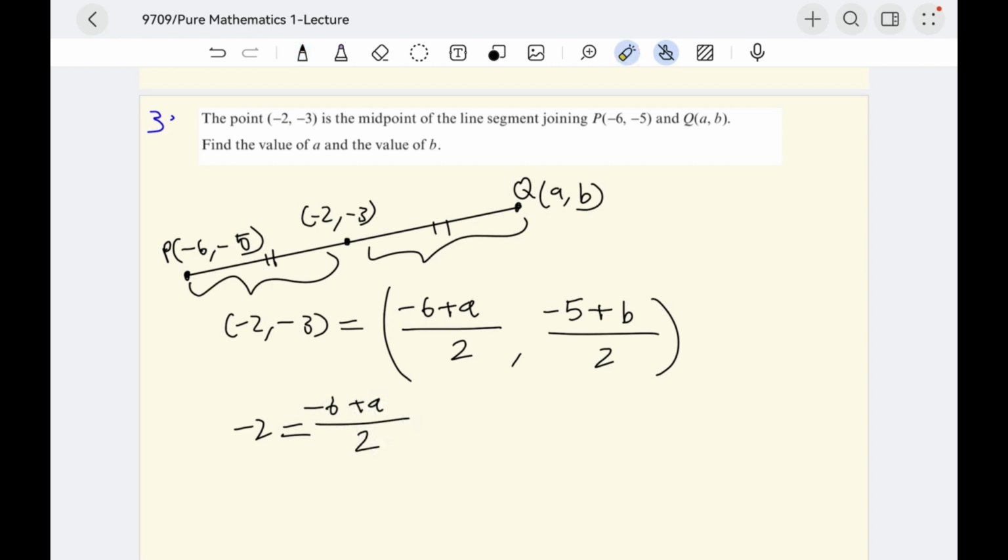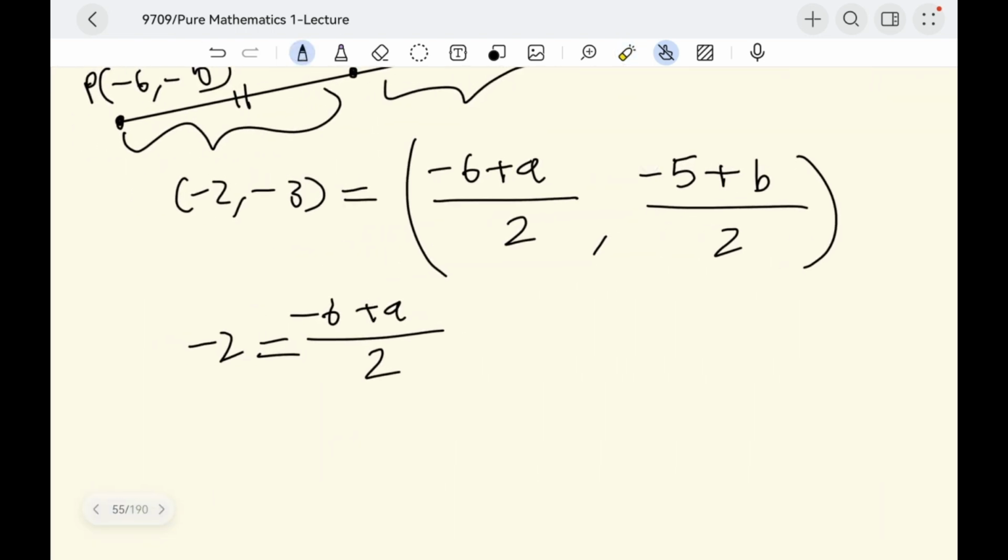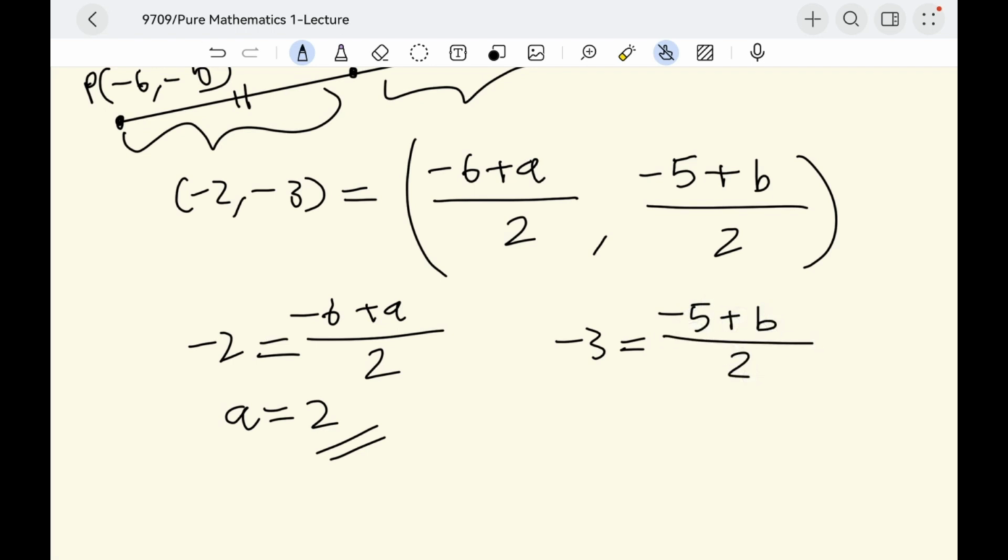So let me do it one by one. 2 times 2 is 4. 4 minus 6, it's negative 2. So the answer of a should be negative 2. Meanwhile, for the y coordinates, just compare the y coordinates as well. Negative 3 times 2 is negative 6, plus 5.